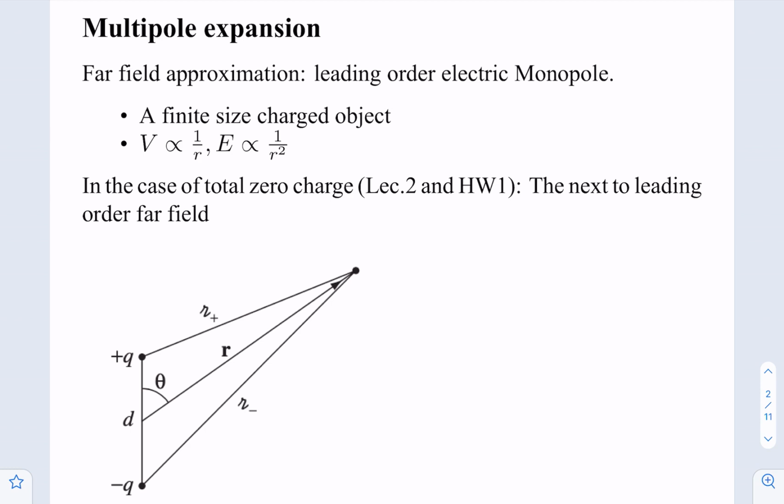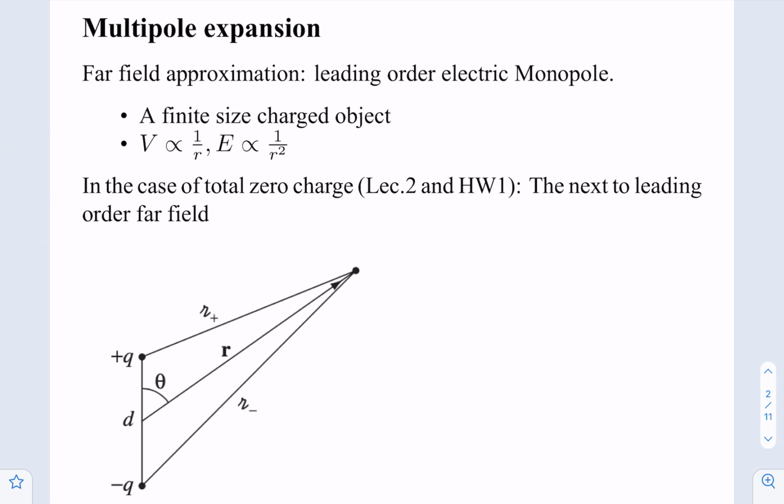So, starting with a single point particle. For a point particle, we are very familiar that the electric field decreases as 1 over r squared, and correspondingly, the potential should be 1 over r. We also calculated two special cases, both in the second lecture and in homework 1.